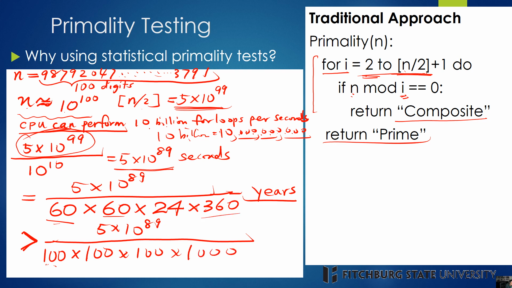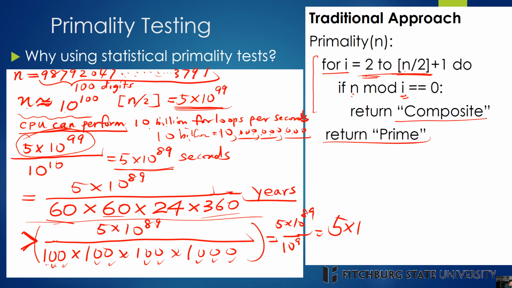So definitely this number is smaller than this. Now what is the result? 1, 2, 3, 4, 5, 6, 7, 8, 9, 9 zeros. So that's 10 to the 9. 5 times 10 to the 89 divided by that gives you 5 times 10 to the 80 years.